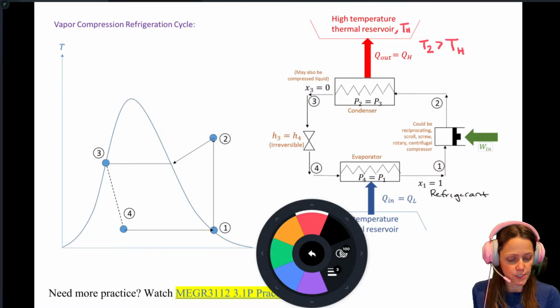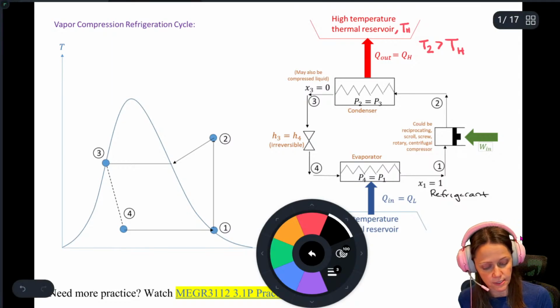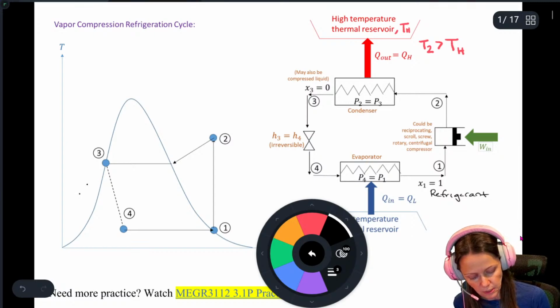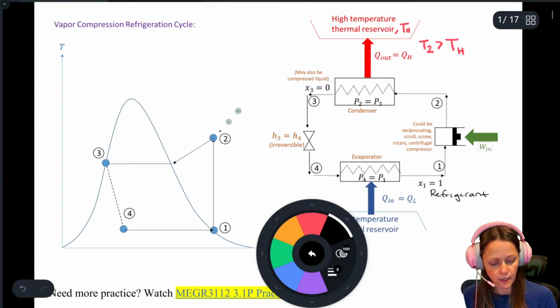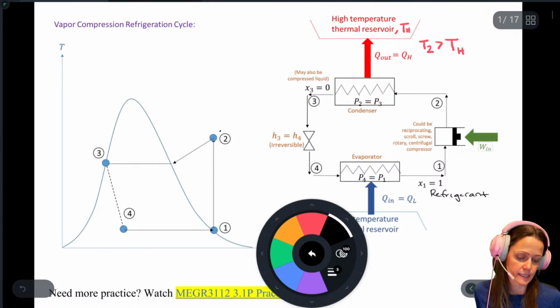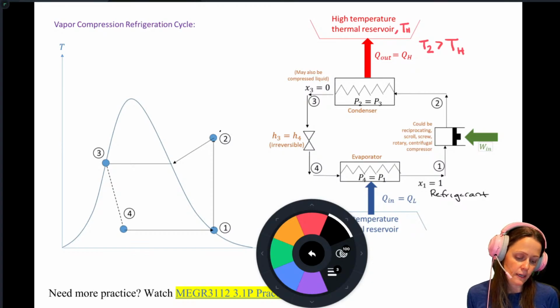Once it transfers its heat, the temperature comes down. This is a constant pressure process. So you can see, this takes place along a line of constant pressure from 2 to 3. And then coming out at state 3, typically in this class, you'll see it come out as saturated, but it doesn't necessarily have to be.